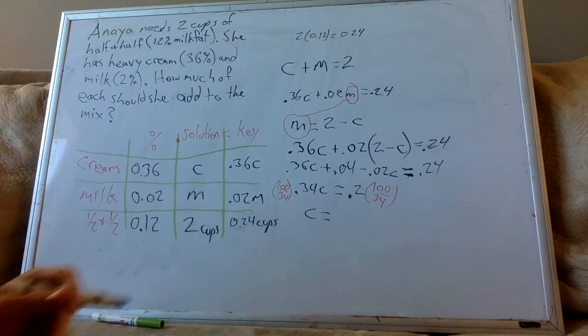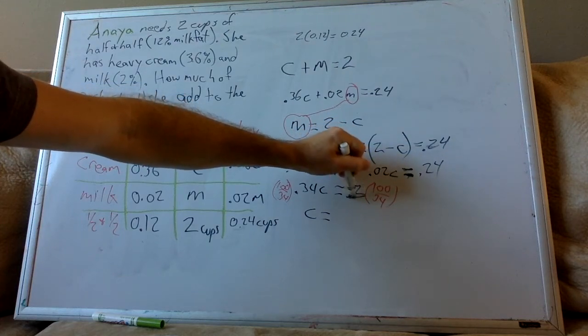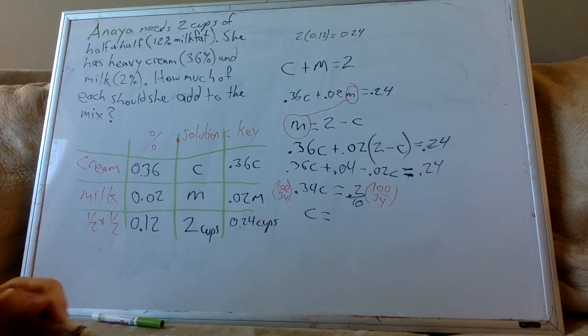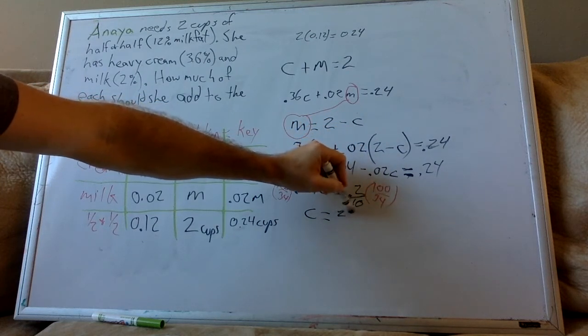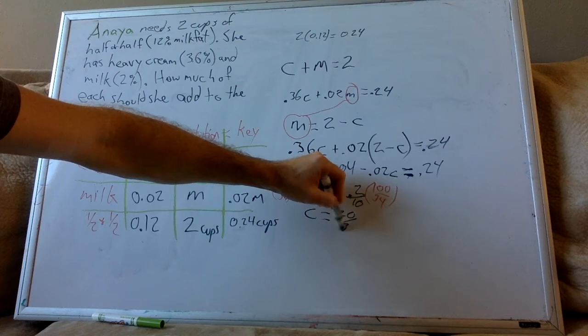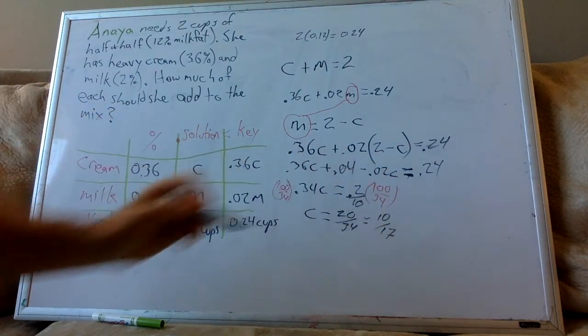And here I have 2 tenths, so these cancel to give me 10 here, so that'd be 20 34ths, or 10 17ths of a cup.